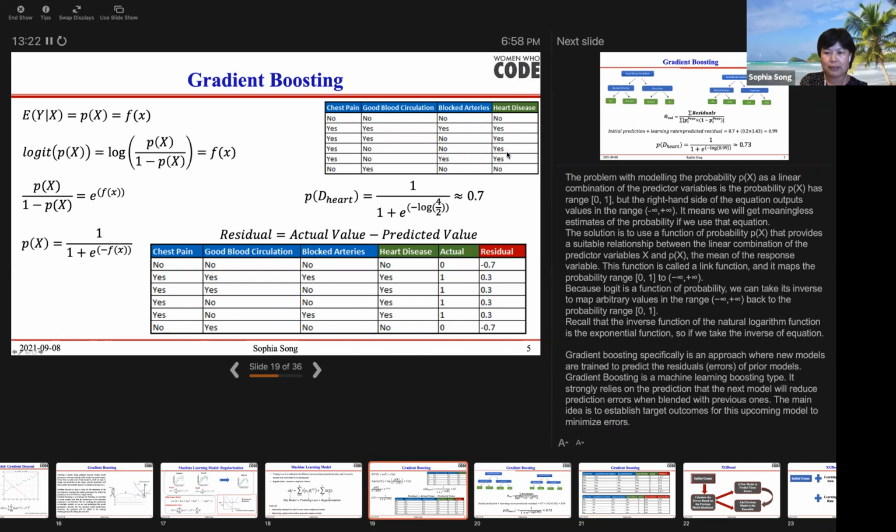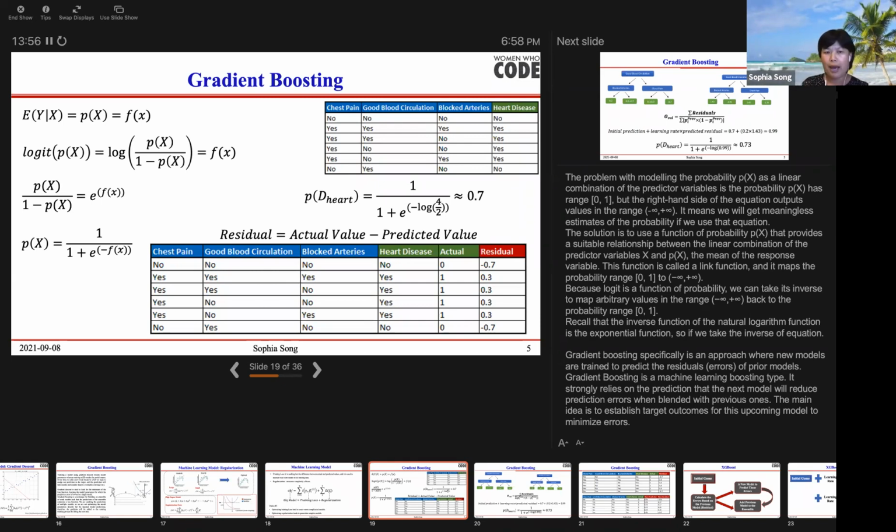For each person, based on these 3 features, I want to predict the probability that this person gets heart disease. That's the final prediction.